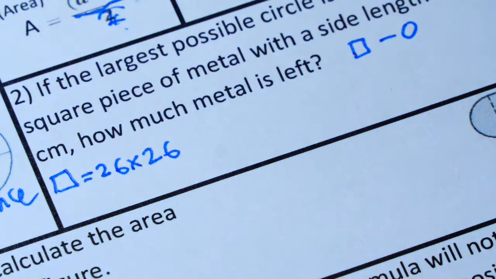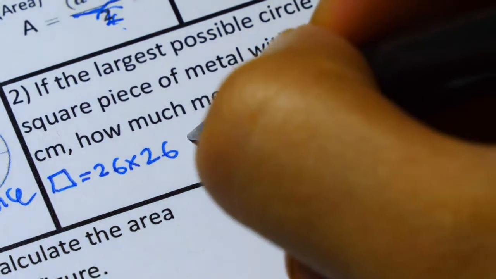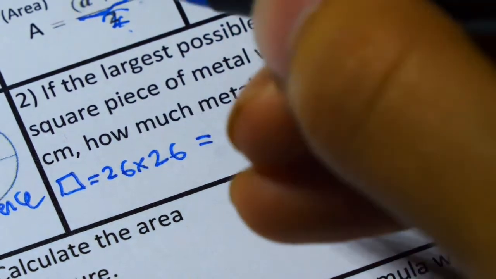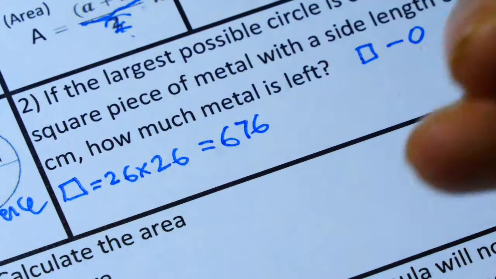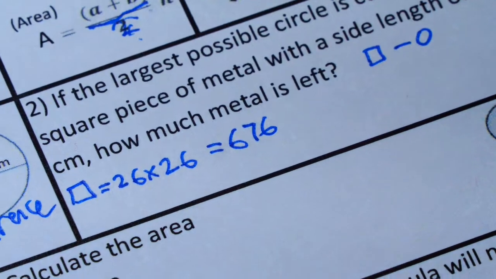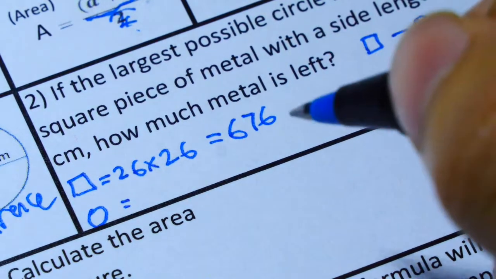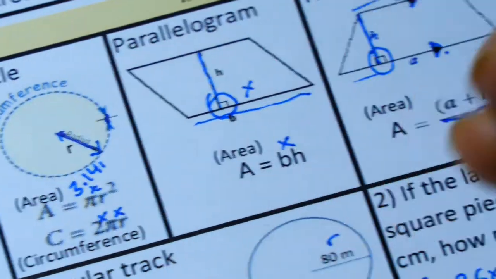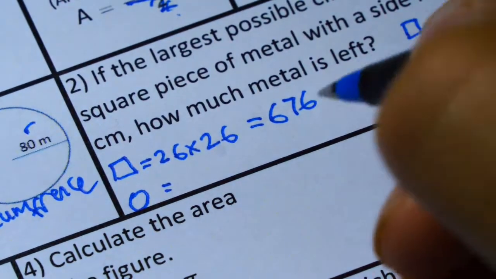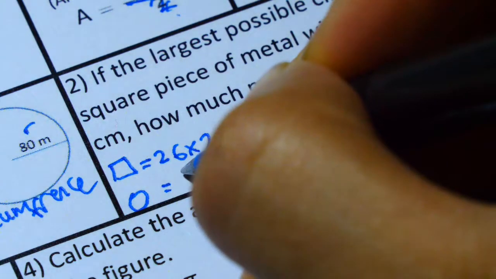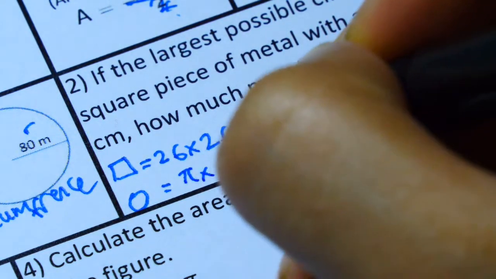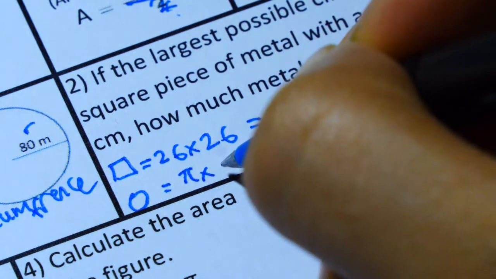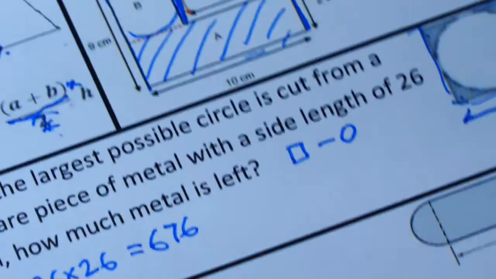26 times 26 equals 676. Now for the area of the circle, the area of a circle is pi r squared. So pi times r squared.